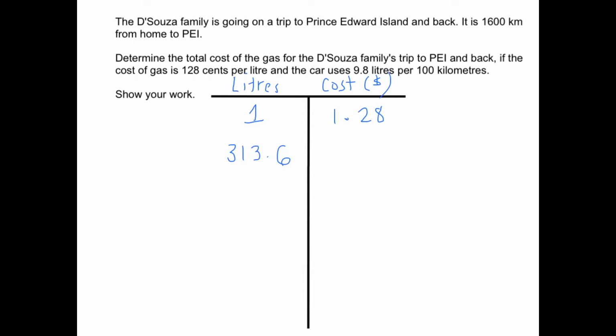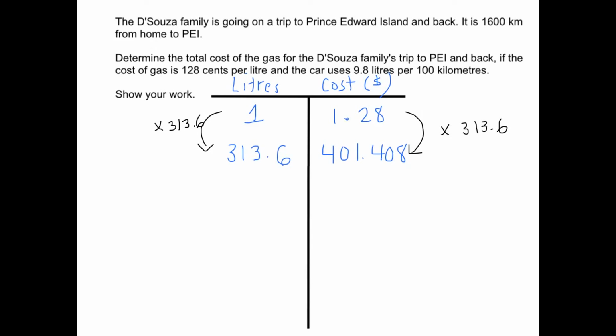So let's see how these numbers are related. How is 1 related to 313.6? What can I do to 1 to get 313.6? We can multiply by 313.6. Well, if I multiply the number of liters by 313.6, I need to multiply the cost by 313.6 as well. 1.28 times 313.6 is equal to 401.408.